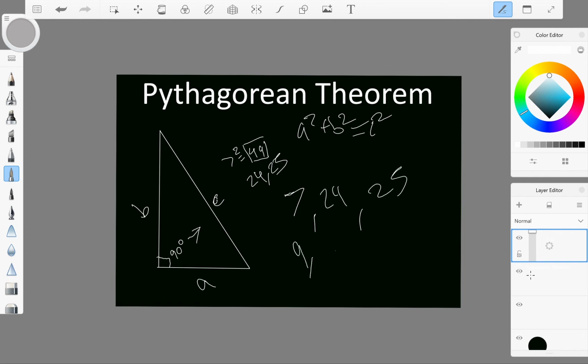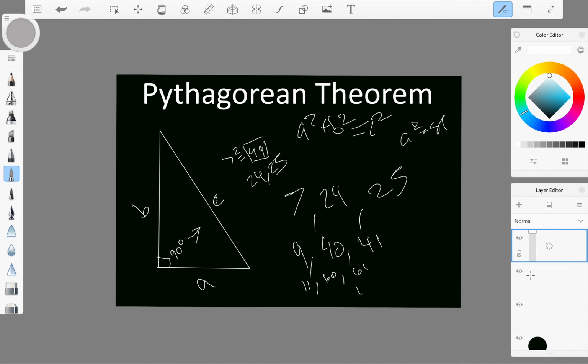For 9, it would be 40 and 41, because 9 squared equals 81, and 40 and 41 are two consecutive integers that will go in there, and there are no other consecutive integers that would. And you could go on. 11 would be 60 and 61, since 11 squared is 121.